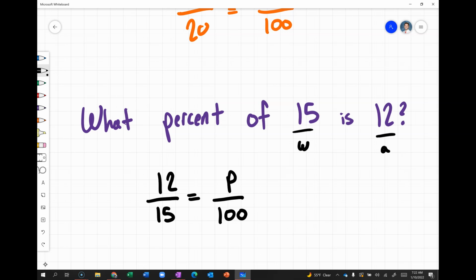Remember, we can solve a proportion using our cross products rule. So 15 times P will be equal to 12 times 100.